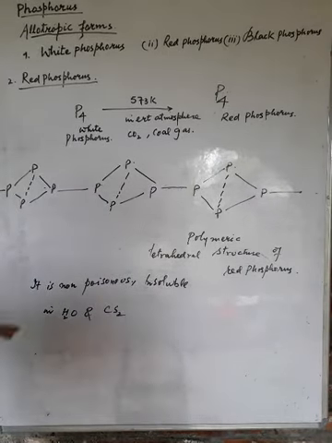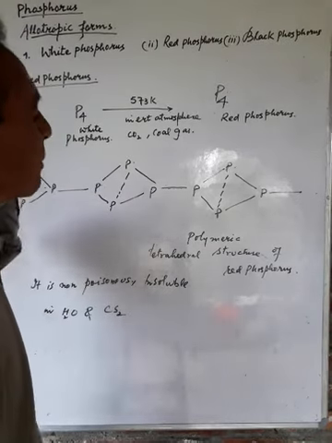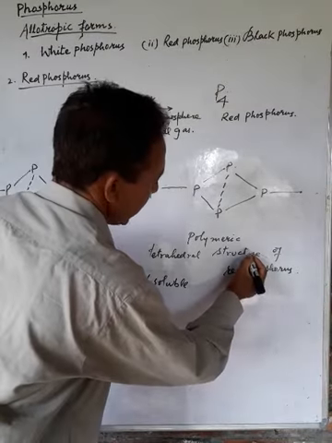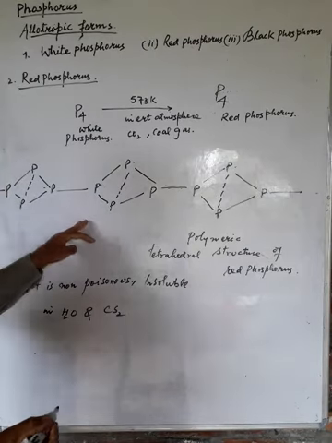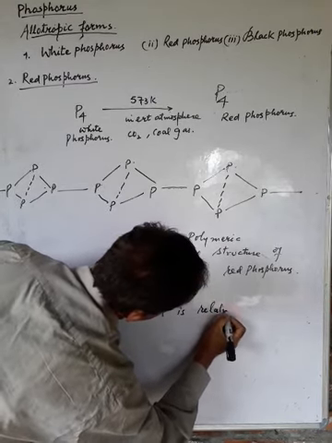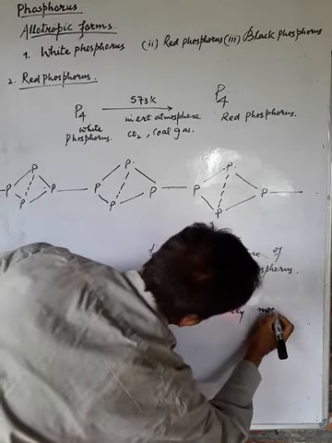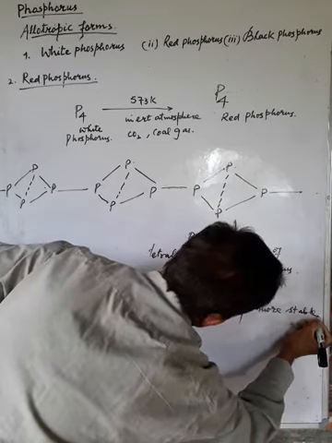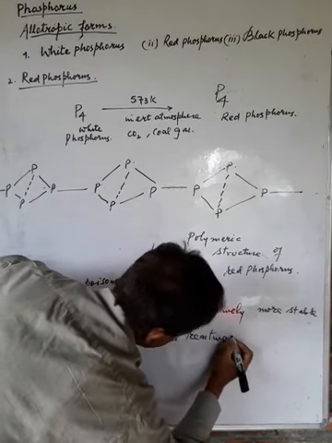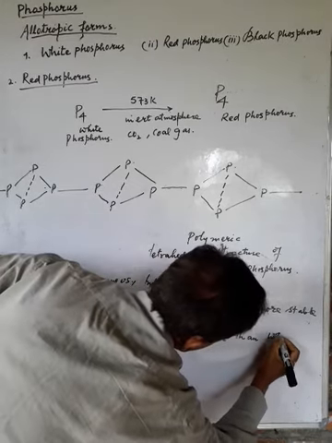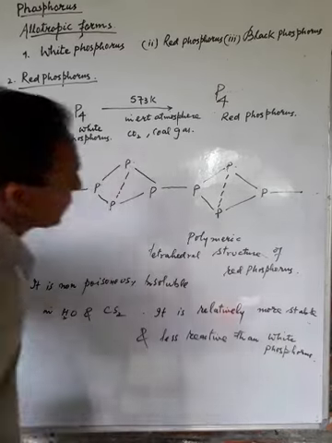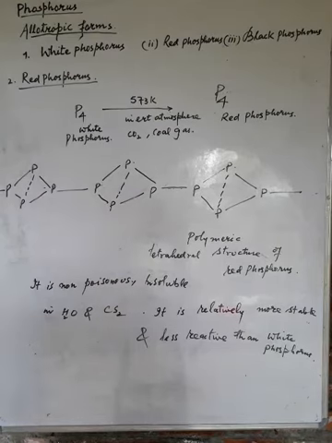Due to its polymeric structure, it has a very high melting point compared to white phosphorus, and it is relatively more stable and less reactive than white phosphorus. So this is all about red phosphorus.